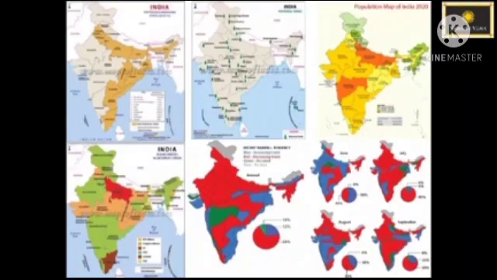Thematic map. It shows specific information like population, rainfall, temperature, etc. Thematic maps are mostly used in daily life for analysis purpose.